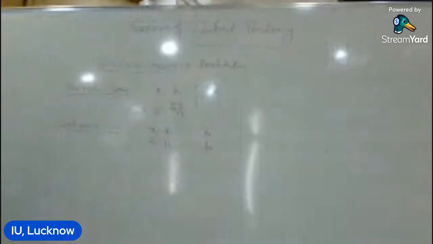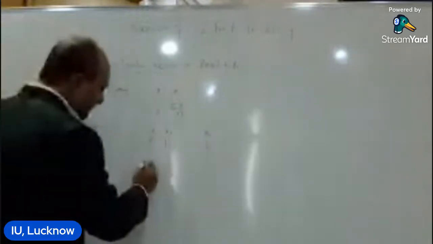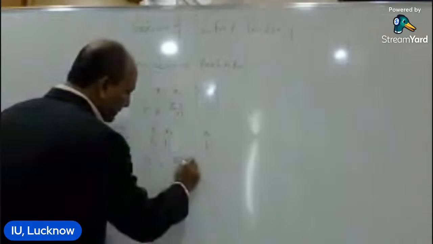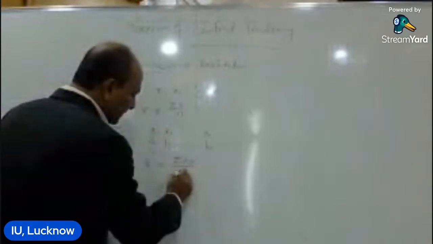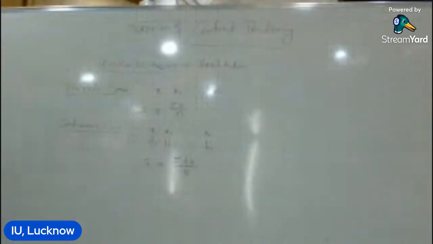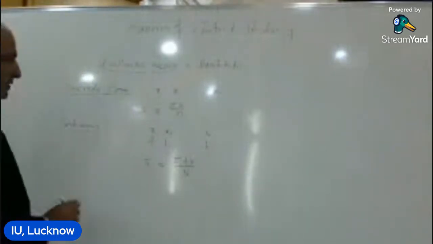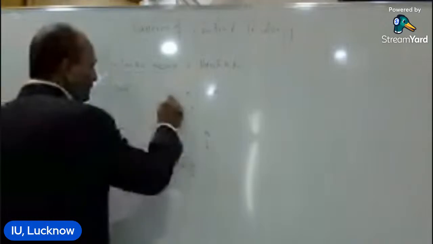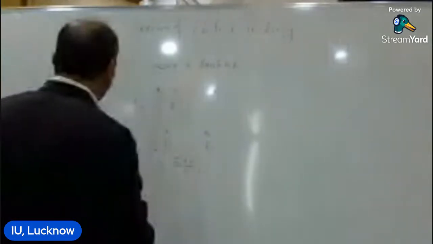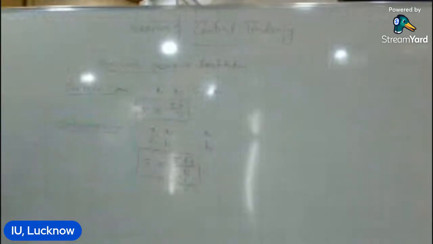Then our arithmetic mean will be obtained using the formula summation fx divided by summation f, and we can write summation f as capital N. These two formulas are used to find the arithmetic mean for a discrete set of values as well as a continuous set of values.